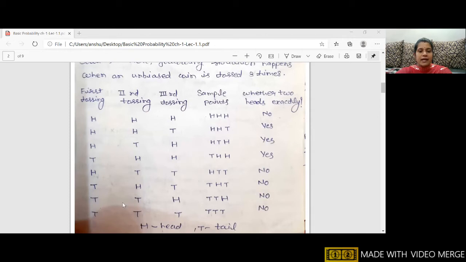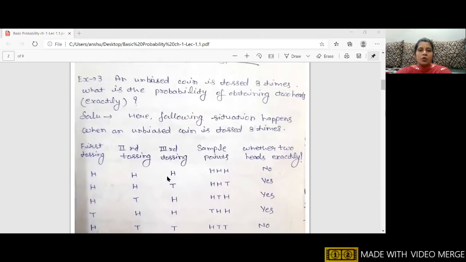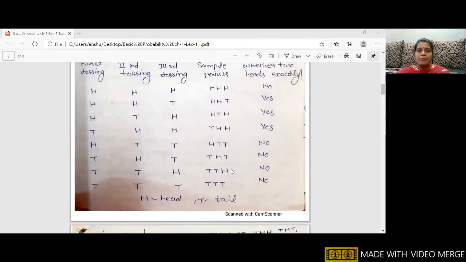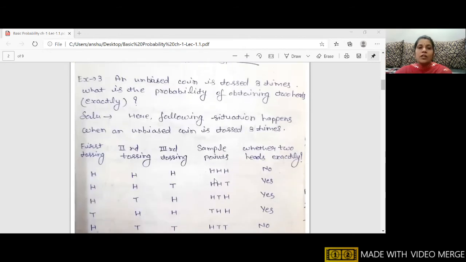Next is tail, tail, head. Last is tail, tail, tail: the unbiased coin is tossed 3 times and we get T, T, T. So what is the condition?